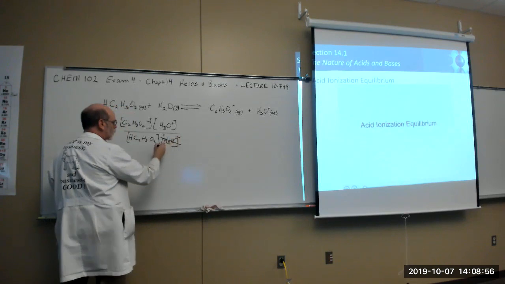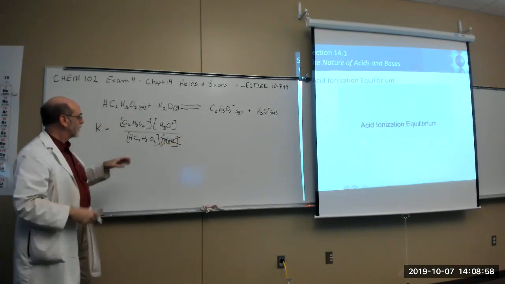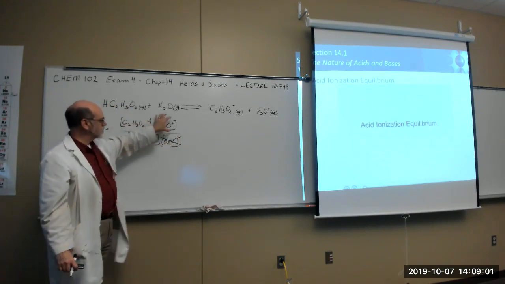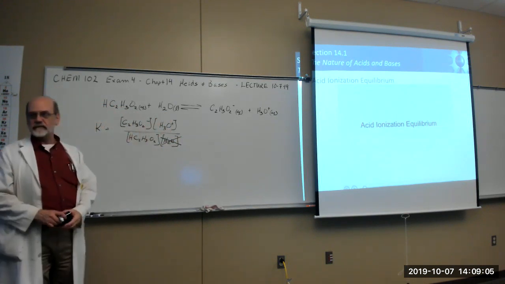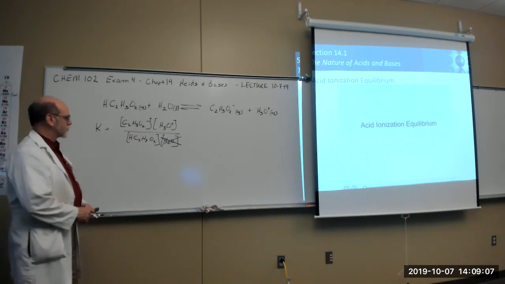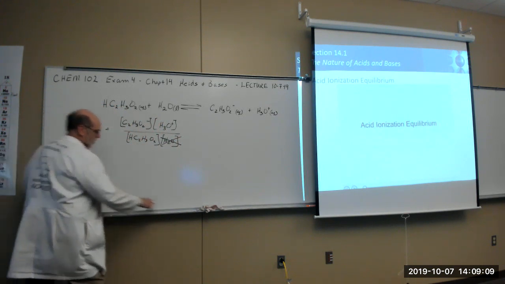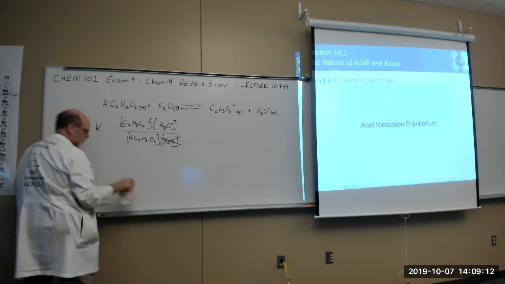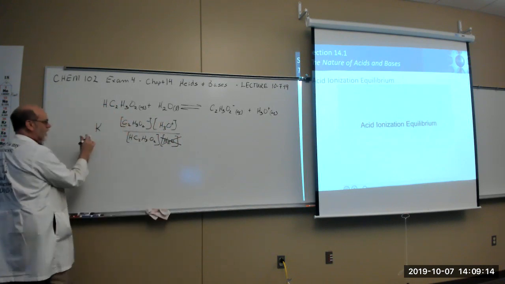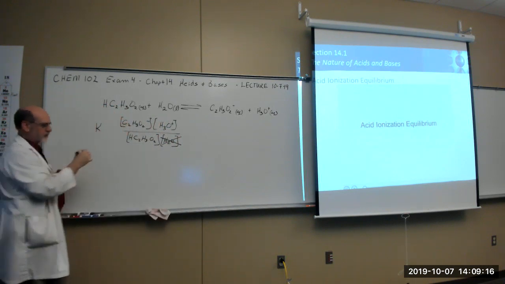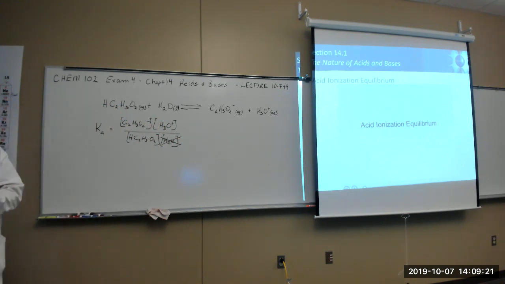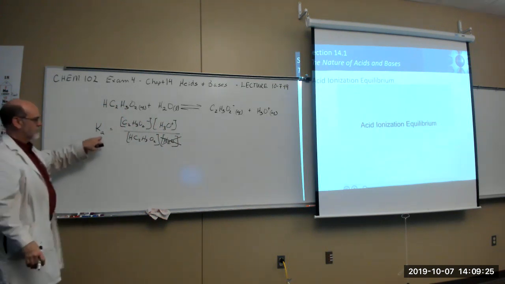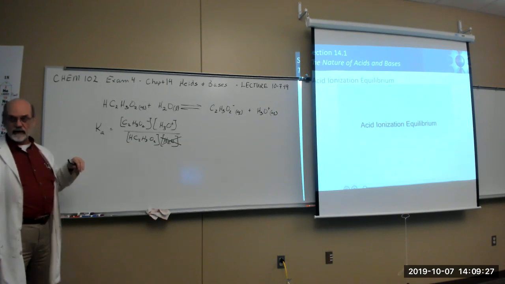That one is removed from the expression, and the only thing you have left is these three aqueous concentrations. And this is one of those Ks that has a special subscript, just the Ka, because it means the equilibrium constant for the acid dissociation.